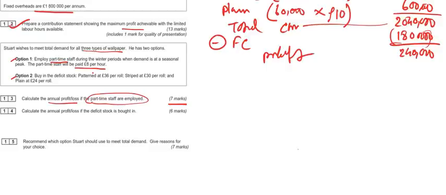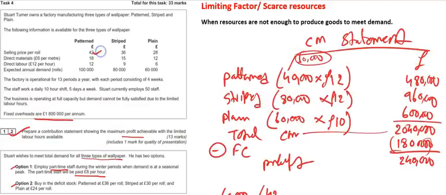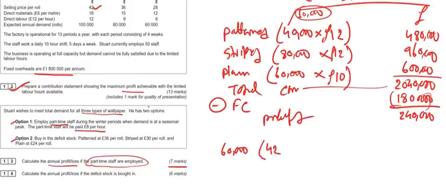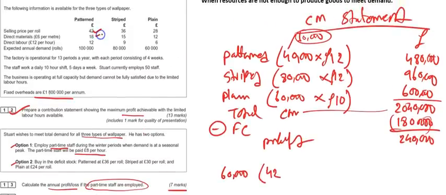So if we employ the part-time employees, 60,000 we want to produce, and of this 60,000, if you remember, we are selling each for 42. At the top I will show you. Yeah, 42. And material is 18, and labor is 8, not 12 anymore. So you need to minus 8.